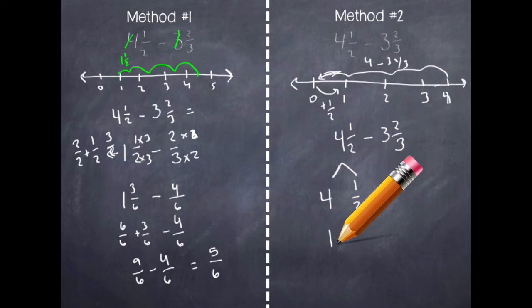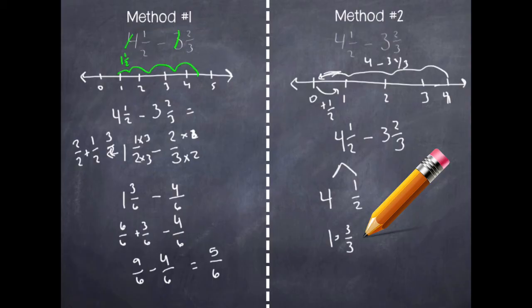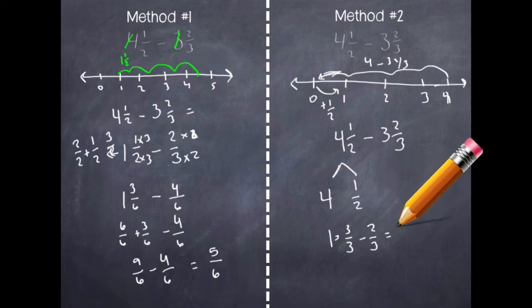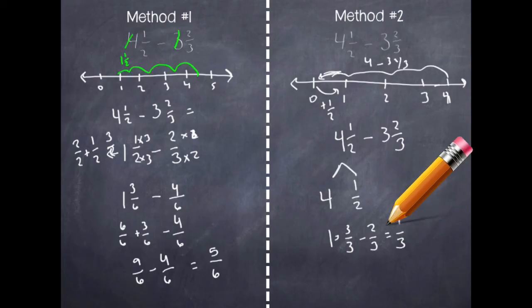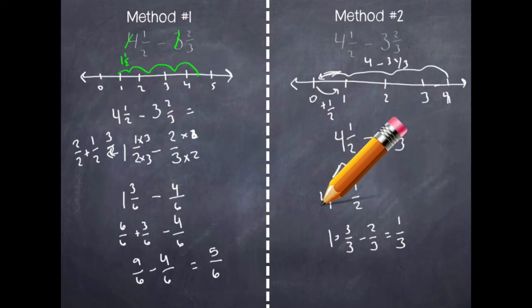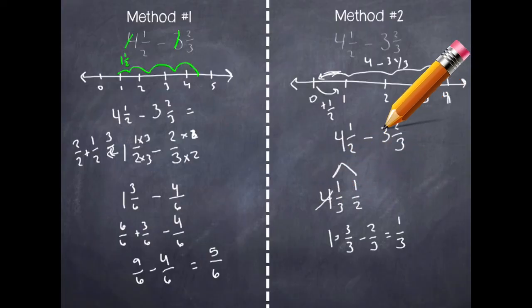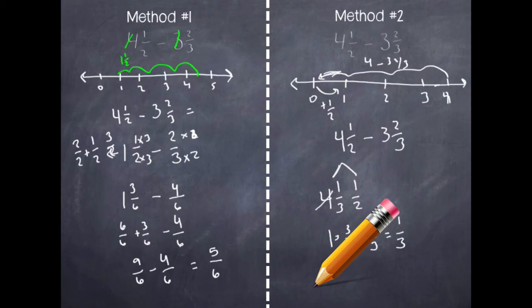So 1, thinking in terms of thirds, is equal to 3/3. I'm subtracting the 2/3 from it, so that's going to be 1/3 left over. When I take 4 and subtract 3 2/3 from it, I'm going to have 1/3 left.